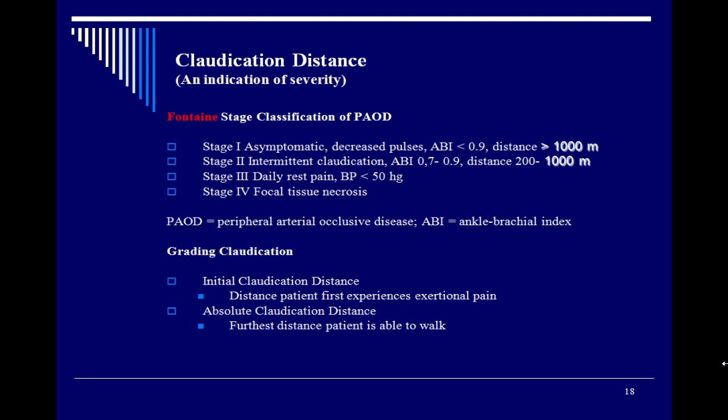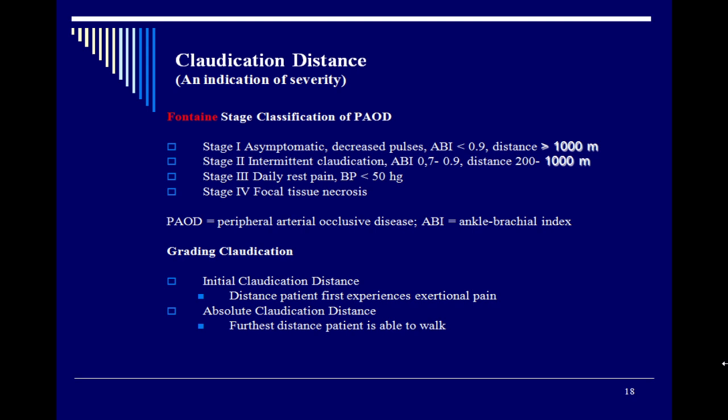Stage 3, daily rest pain, blood pressure less than 50. Stage 4, focal tissue necrosis. PAOD is peripheral arterial occlusive disease, ABI is ankle brachial index.